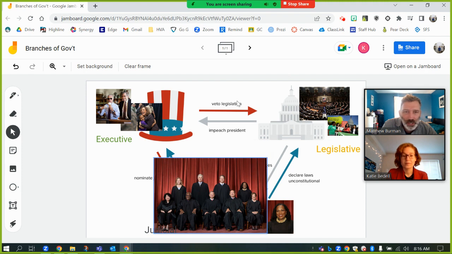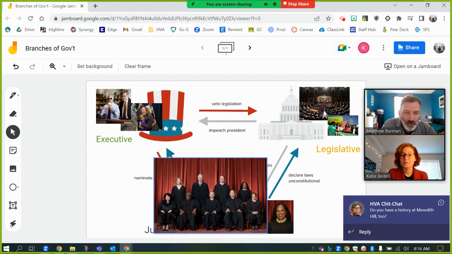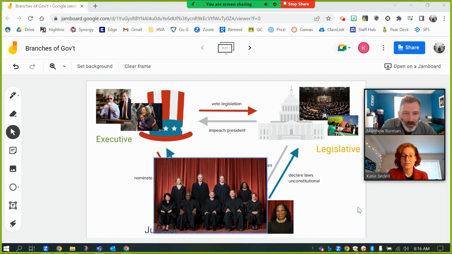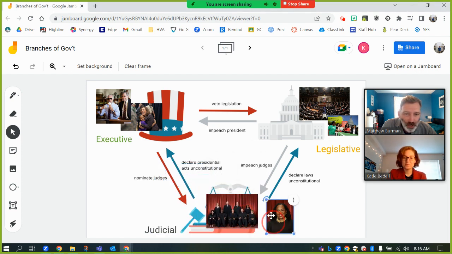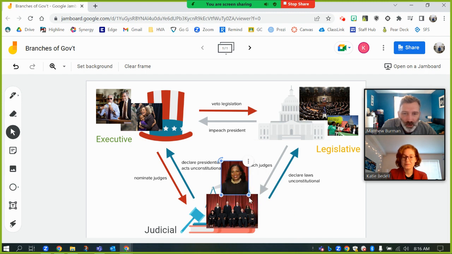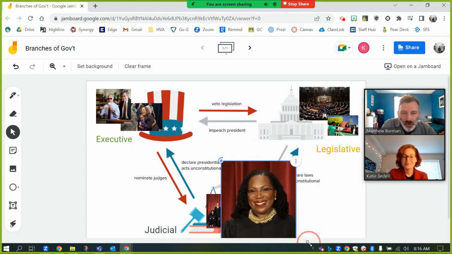You can tell that it's kind of a large process. First, the president nominates them, and then the legislature confirms them. And then the most recent Supreme Court justice that you read about in that Newsela article is Ketanji Brown Jackson, who's our most recent Supreme Court justice.